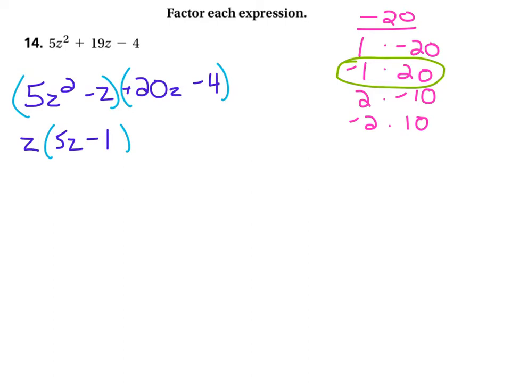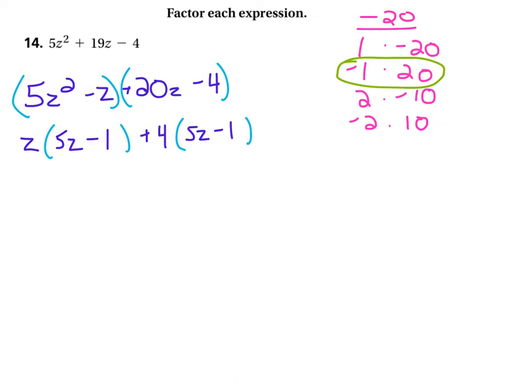Now, what can we factor out of 20z minus 4? Well, they're both divisible by 4. And that's all we can bring out because there's no z on the second term. So always have to put a sign, positive 4. And then what do we get when we factor out the 4? 20z divided by 4 is 5z. And negative 4 divided by 4 is negative 1.